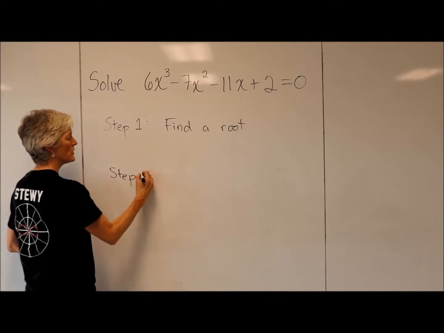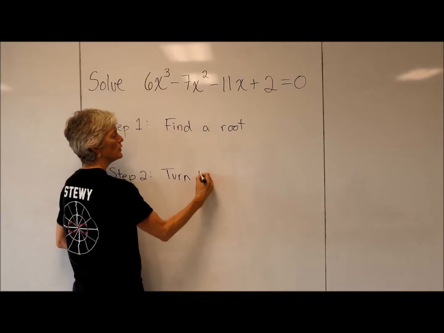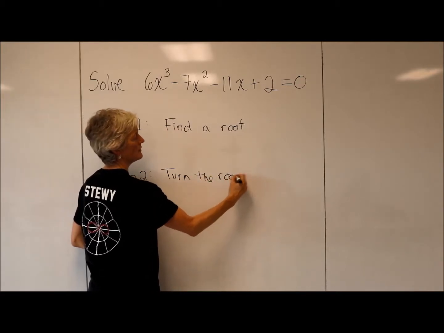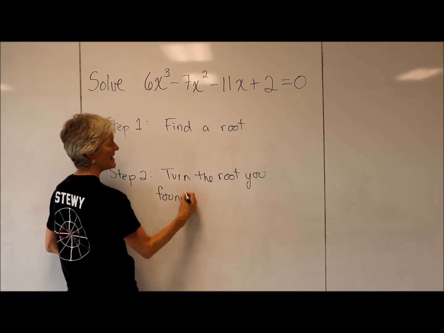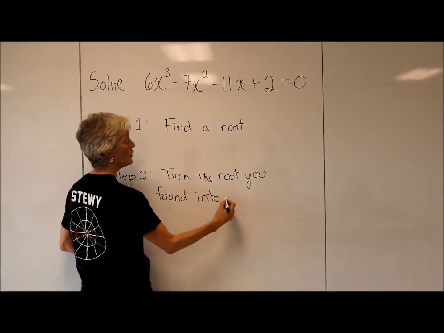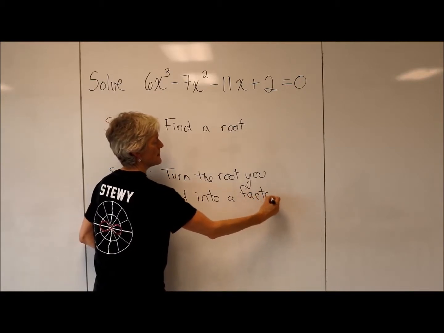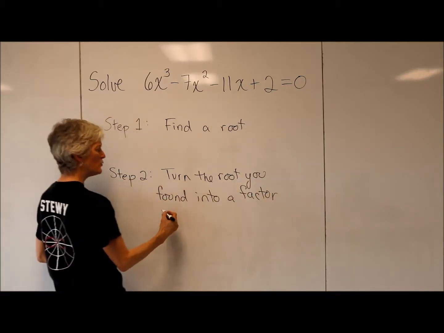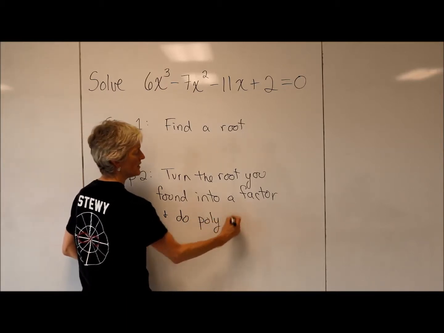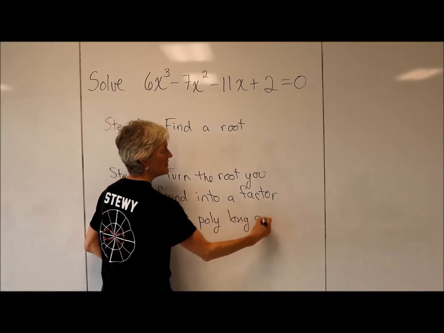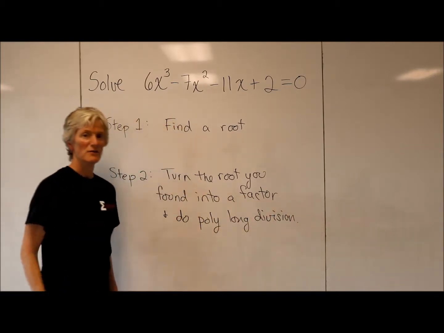Once you have your root, you're going to turn the root you found into a factor and then do polynomial long division. So turn the root you found into a factor and do polynomial long division to find the other factor. And then if you have the other factor, you can find the other roots.